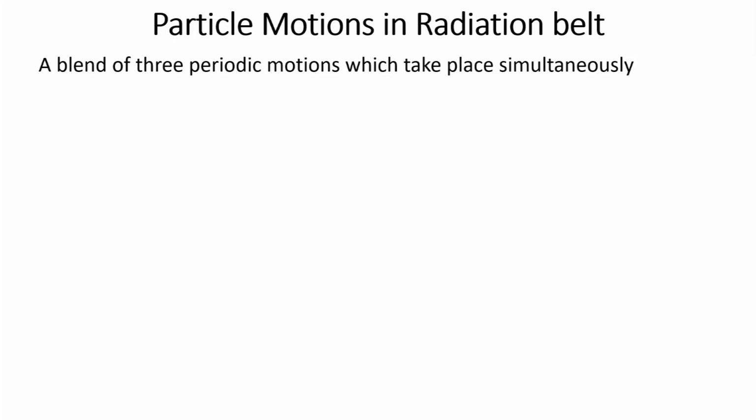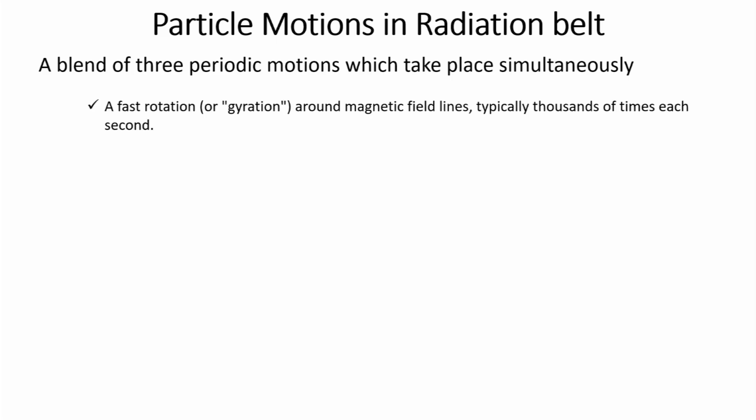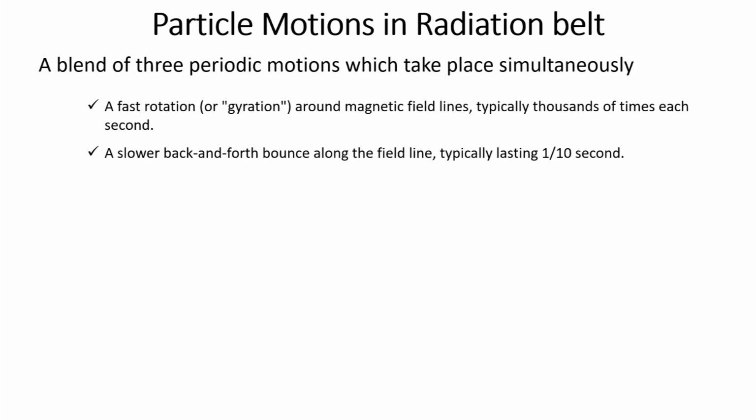Here, a blend of three periodic motions takes place simultaneously. The first one is the rotation, or gyration, around the magnetic field lines, typically thousands of times each second. The next is a slower back and forth bounce along the field lines, typically lasting 1/10 of a second.